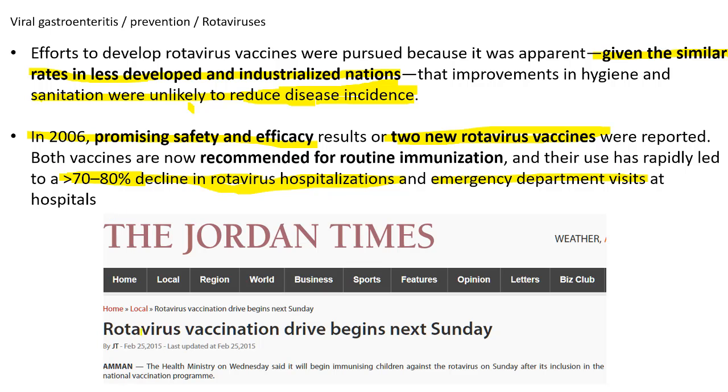And now in Jordan, in 2015, I found this headline that says rotavirus vaccination drive begins next week, which means now in Jordan, we also have rotavirus vaccination as part of the general vaccination that a baby should get.